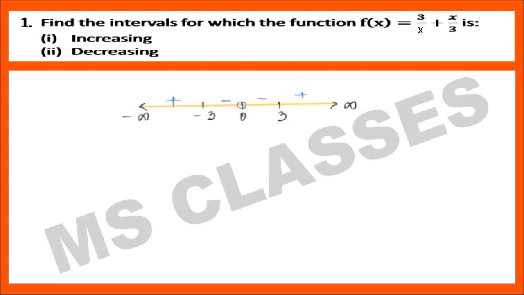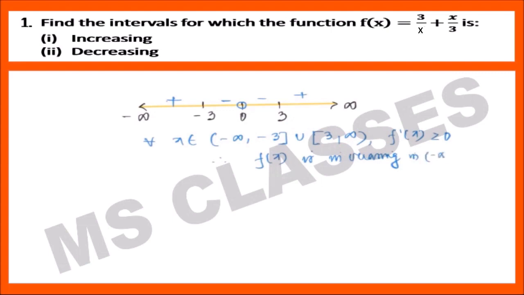So for all x belonging to minus infinity to minus 3 union 3 to infinity, f'(x) is greater than or equal to 0. Therefore, f(x) is increasing in minus infinity to minus 3 closed union 3 to infinity closed.